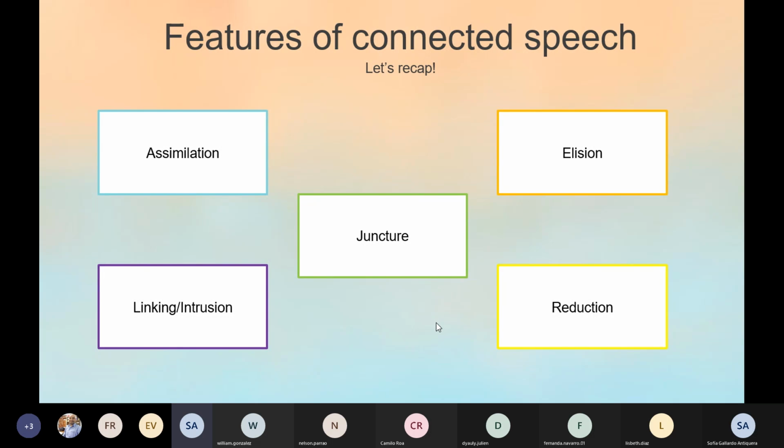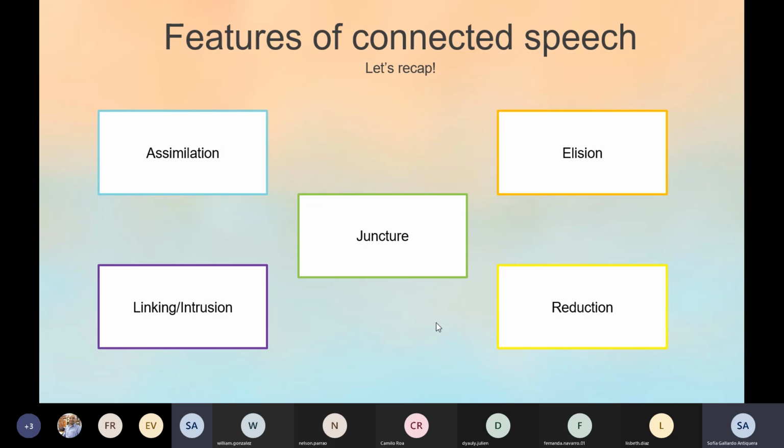Teacher, can you hear me? Yes. Deletion happens when we avoid a specific sound. Yes, when we eliminate the sound. So yes, that's correct. Thank you.